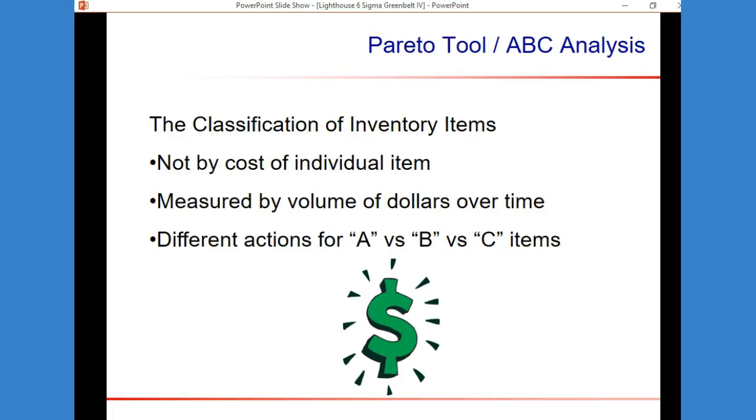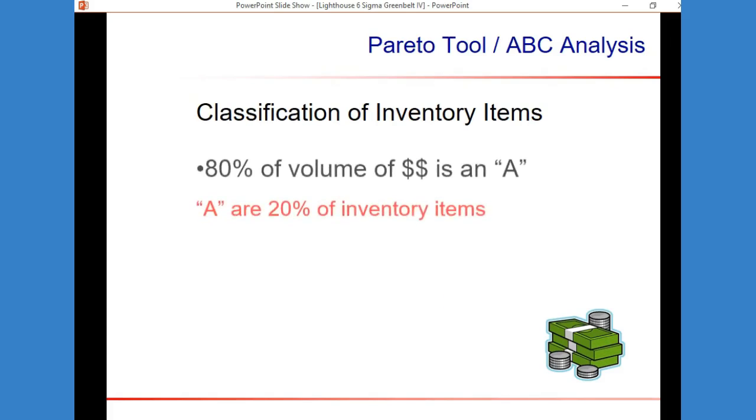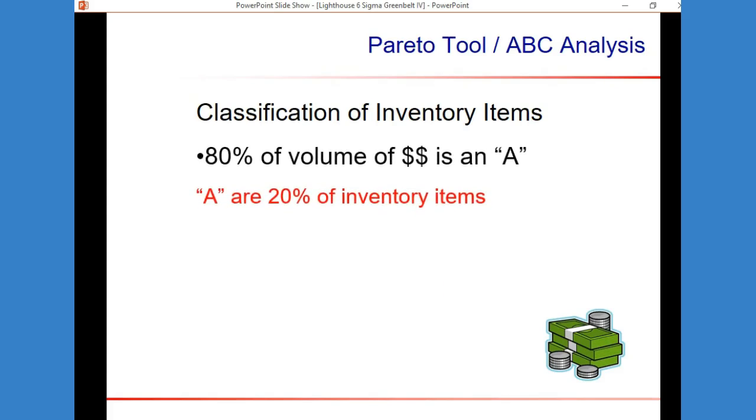So we look at it as far as actions, and we identify them as A, B, or C based on the volume of money or the flow of money going through that part number. So again, 80% of my volume is going to be classified as an A item, but it's only going to be 20% of my inventory items.